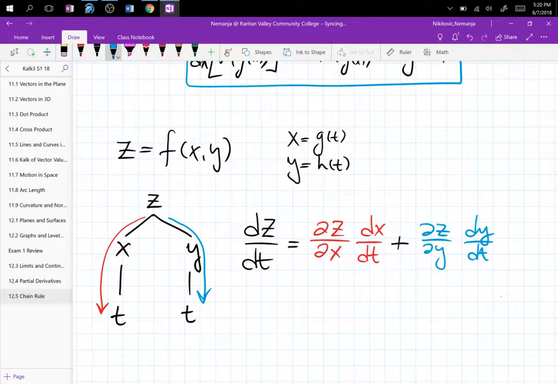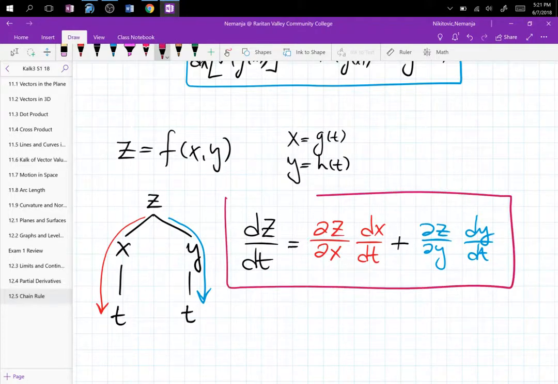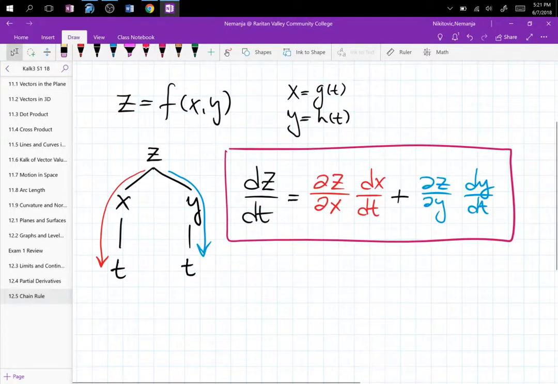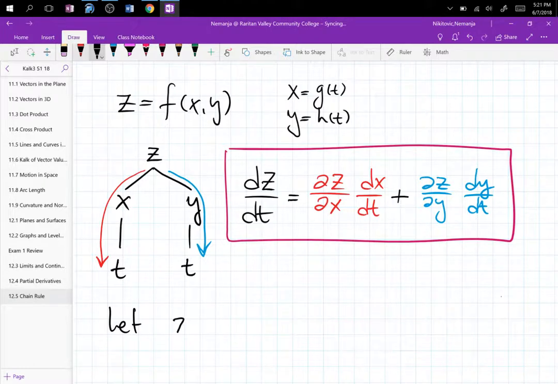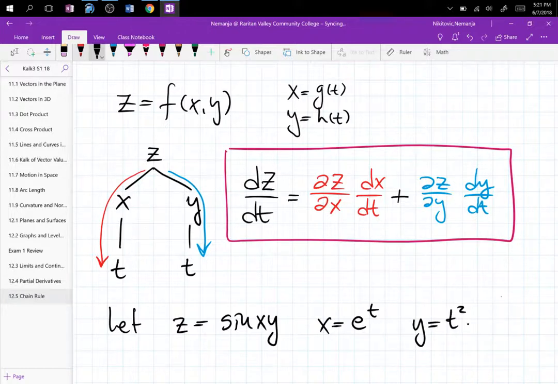So what we did over here is we created a formula. The rest, well, I hope you can do the rest, which is you plug the functions in and you solve the problem. So this is our formula for this situation. Now I can go and say, just as an example, let z be the sine of xy, and then let x be e to the t, and y be t squared minus 2.